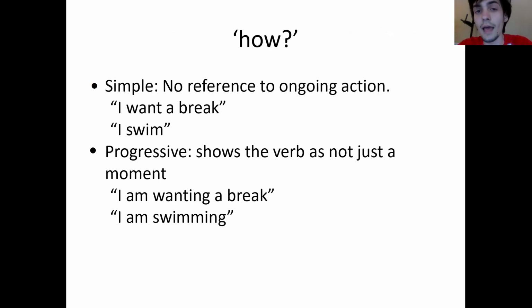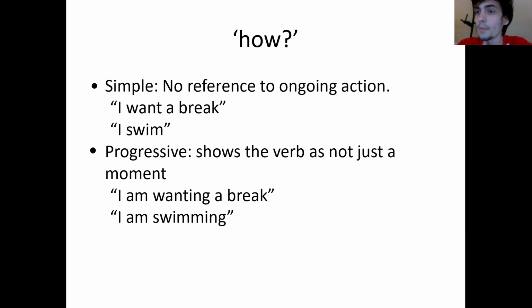As for the question of how, there are two different forms of this. There is simple and progressive. Simple present is I want a break, or I swim. And in simple, there is no reference to ongoing action. In other words, we can't tell if this action takes place over a period of time or not.